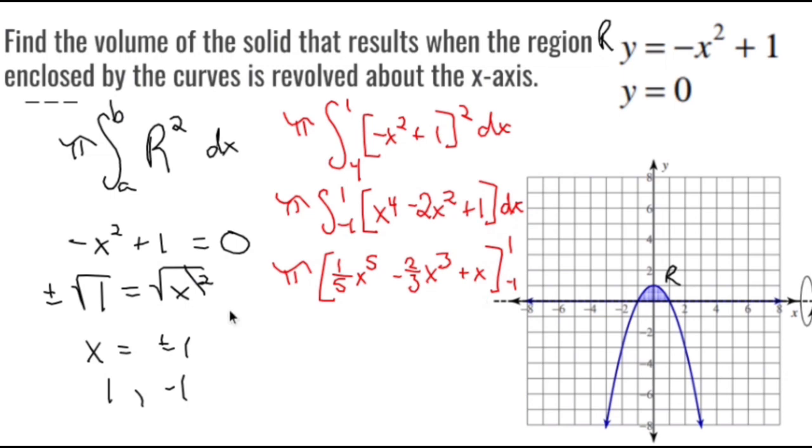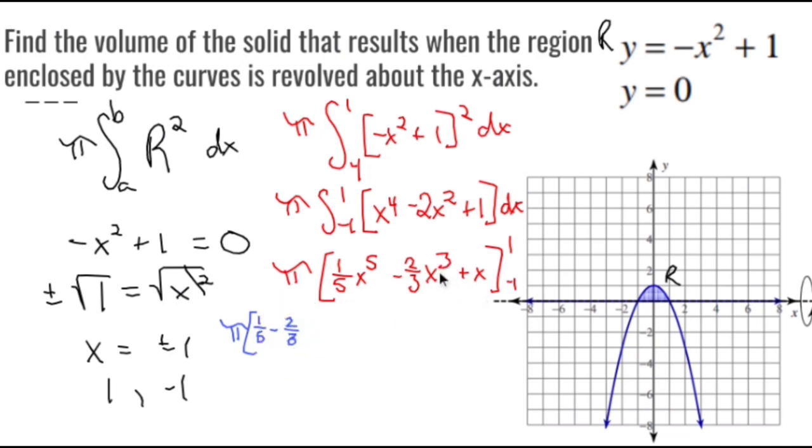I'm starting to get a little nervous that I don't have enough room, but we'll find out. I'll just write small. Fundamental theorem of calculus says rewrite this guy, but replace every x with the other limit. So I have pi. Let's do a little bit of mental math. 1/5, because the numbers aren't that bad. 1/5 times 1 to the 5th is 1, so 1/5 times 1, easy. Minus 2/3.